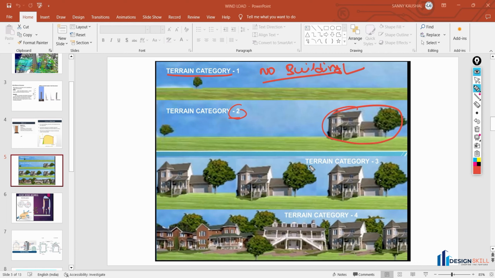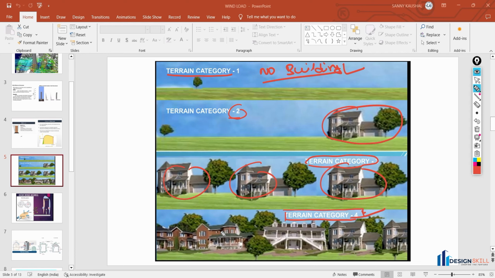When it comes to terrain category 3, you will find that a few buildings are constructed here. It means there will be wind obstacle, but less. Now if you look at terrain category 4, generally in the cities closely spaced buildings are constructed, and the obstacle to the wind is high here.